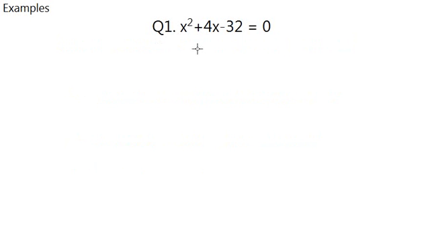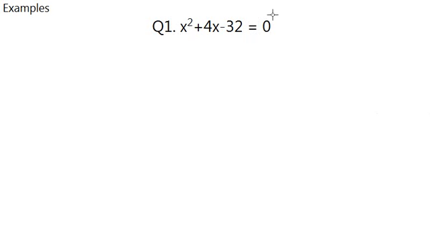Alright, so in this first example we have x squared plus 4x minus 32 equals 0. How should we solve this question? The first method that is non-calculator is called factorizing, and we've done that before. So right now I want you to factorize this equation.